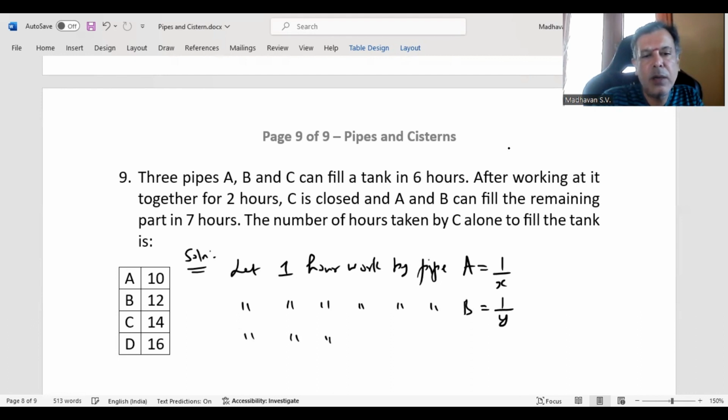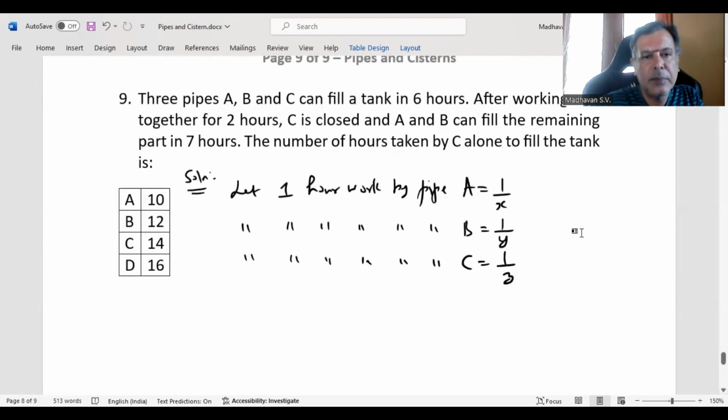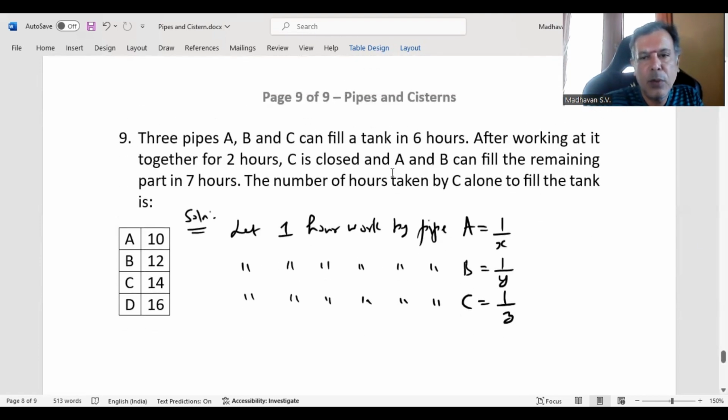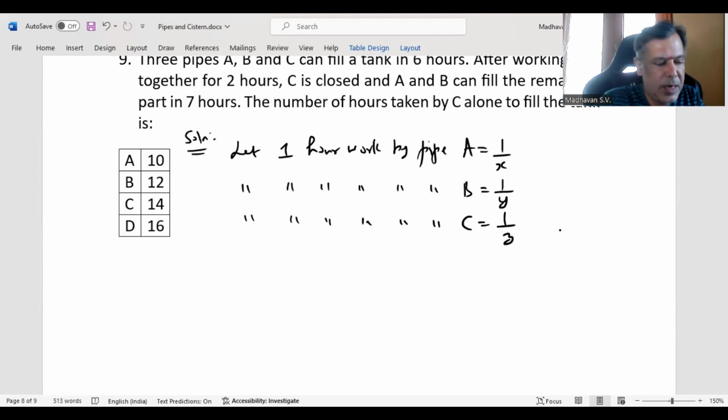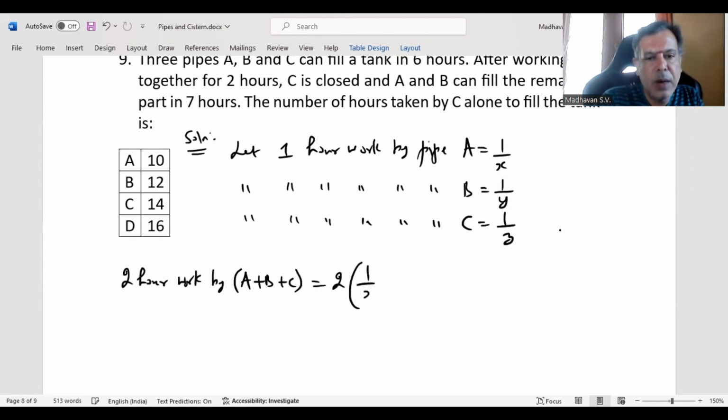Let 1 hour work by pipe C equal to 1 by z. Now, after working together 2 hours, means 2 hour work by A plus B plus C should be 2 times 1 by x plus 1 by y plus 1 by z.